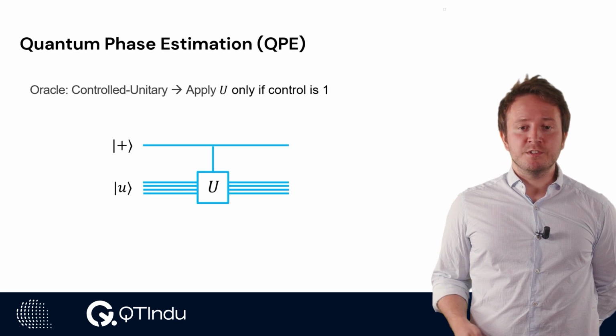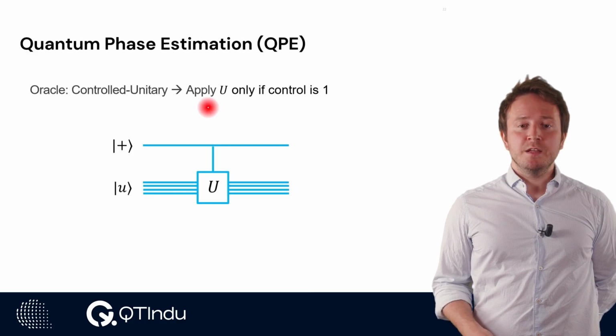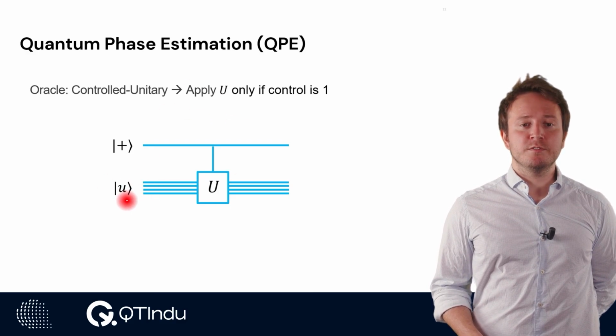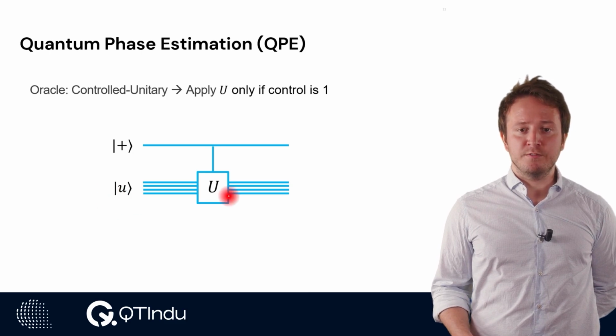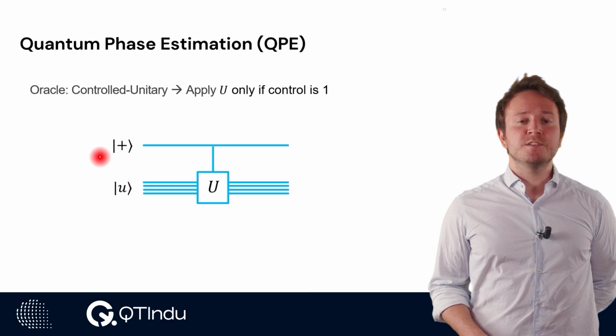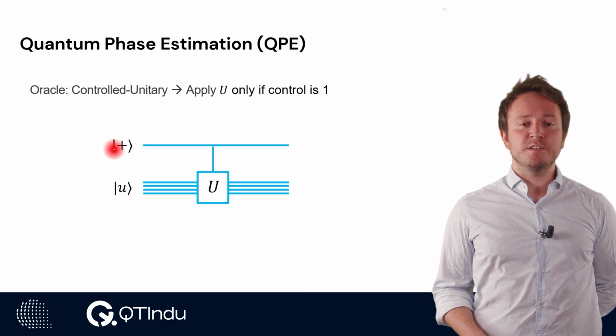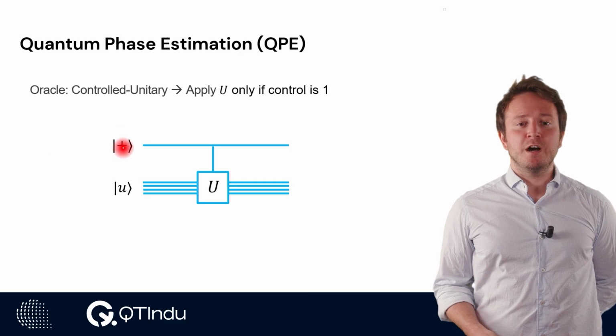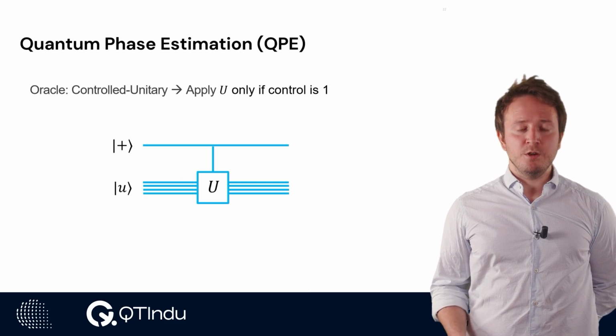This is something that can be described by the following circuit, where we have an n-bit word to encode the eigenstate u of the unitary capital U, and we apply it to an ancillary qubit in the state plus. Compared to before, the ancillary qubit now is the control of this unitary.